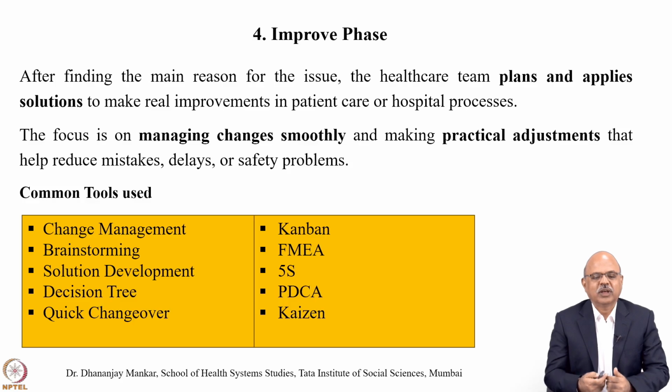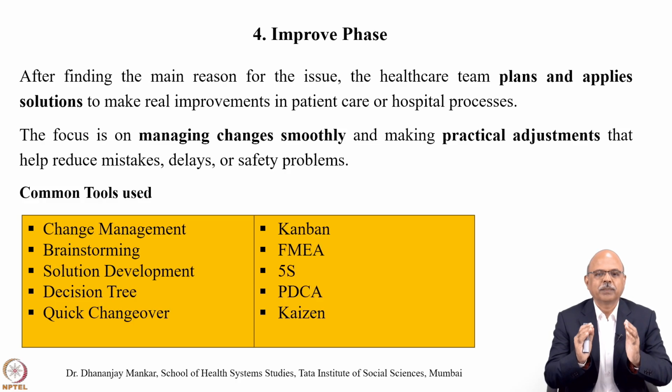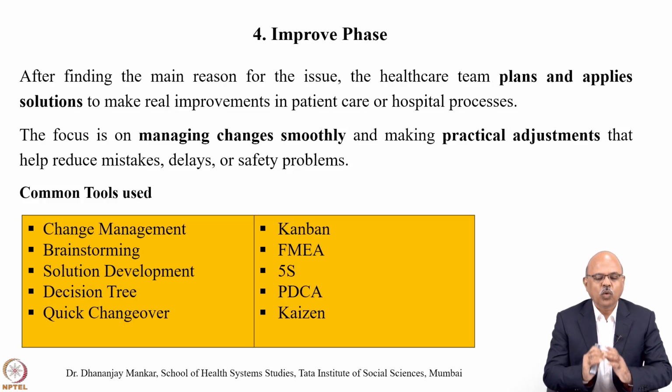In the next step, the improve phase. After finding the main reason for the issue, the healthcare team plans and applies solutions to make real improvements in patient care or hospital processes. The focus is on managing changes smoothly and making practical adjustments that help reduce mistakes, delays and safety problems.